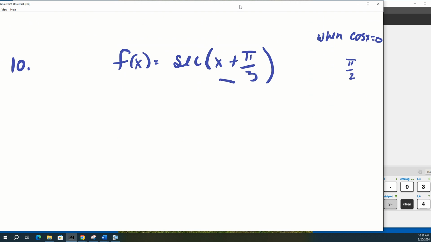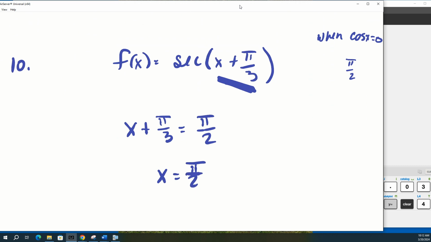And so what we do is we take this part that determines the horizontal changes and we set it equal to where the vertical asymptote would be if there were no horizontal changes. And then you're just going to solve that for x by subtracting pi over 3. Now, that's not super easy.